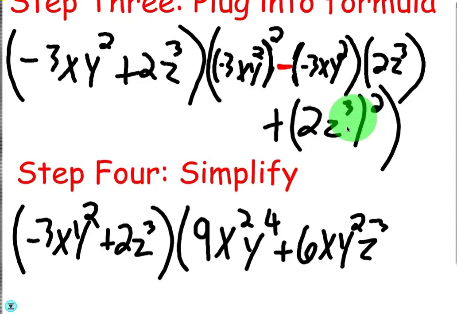All right, and then finally, this whole thing is being squared, b squared, so it's going to be 4z to the 6. I think I can fit that in here. And that's it. Again, that's much more complex than anything you'll see on the worksheet. But let's do one on the worksheet.